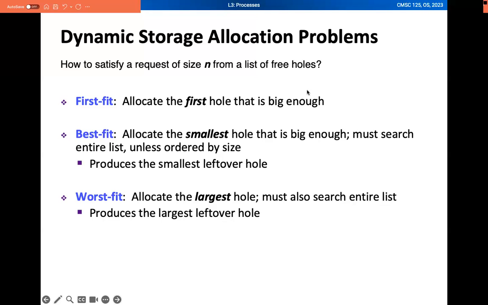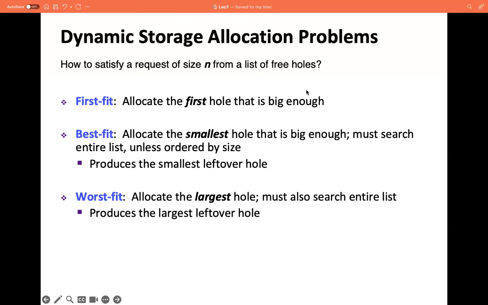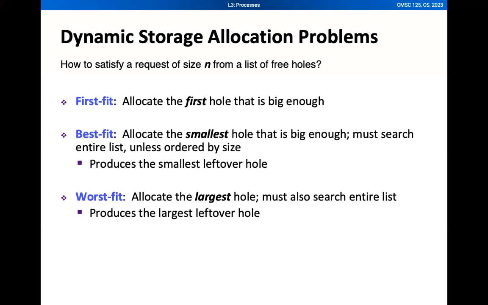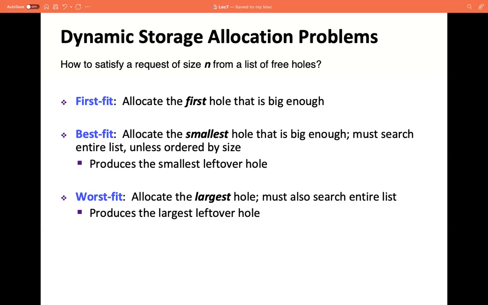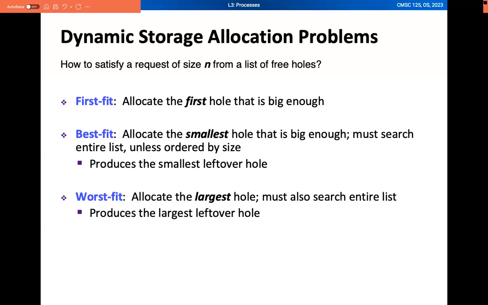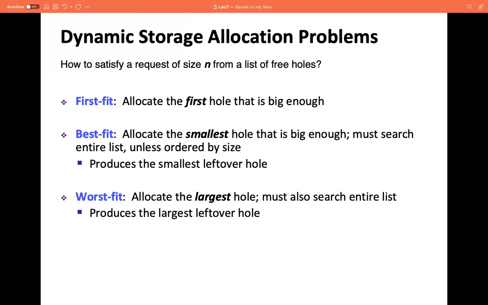It assigns the first available memory block that is large enough to accommodate a certain process. So the first available hole that it sees and is also large enough for the process, we select that hole. It starts searching from the beginning of the memory and selects the first block that satisfies the process size requirements.